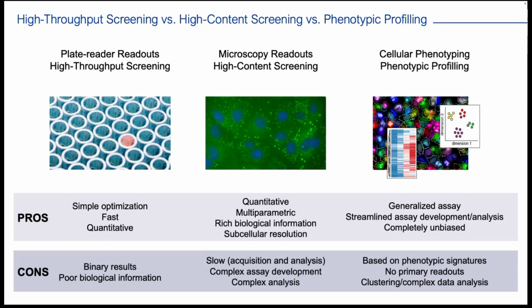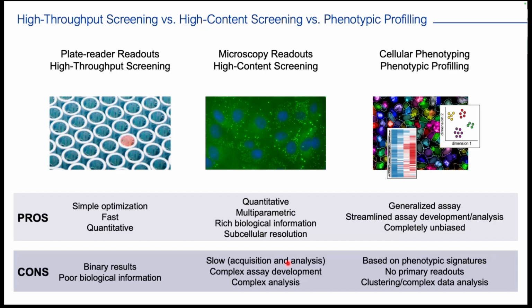If we go into more detail towards what we call high content screening, so image-based readouts, here we are still quantitative, but we can get much more information. We get multiparametric information. We get subcellular resolution, so we can look at different compartments inside the cell, and we get single-cell resolution as well, so we get information for every single cell.